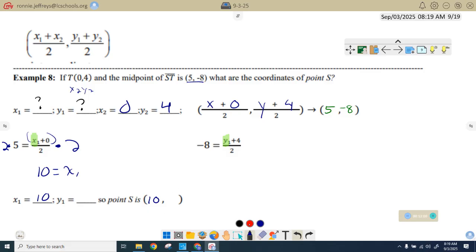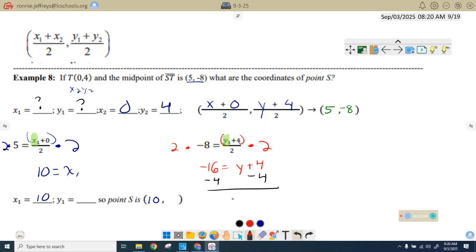Now, unfortunately, on this other side, we got to do a little bit more. But remember, all this is being divided, so we're going to multiply. And we're going to get negative 16, y plus 4, minus 4, minus 4.